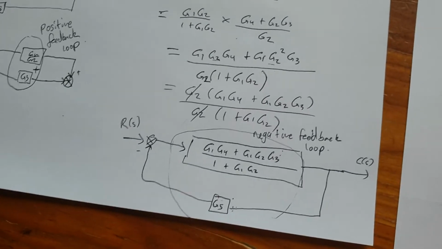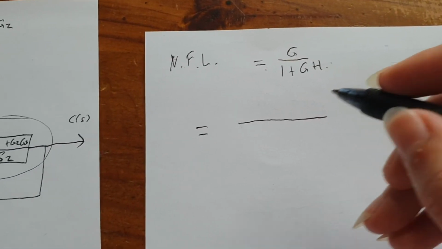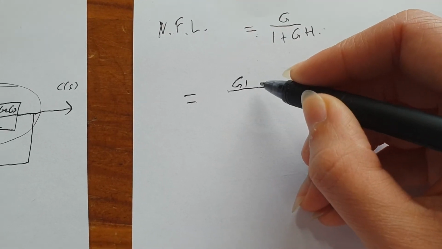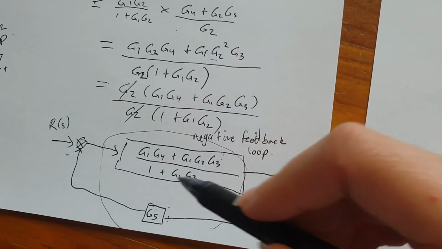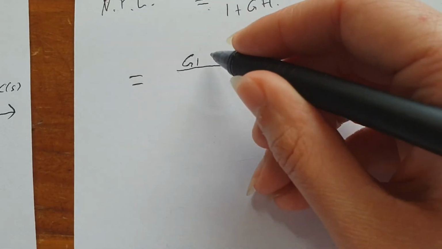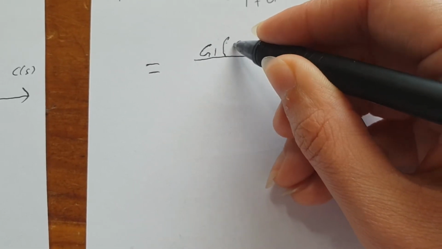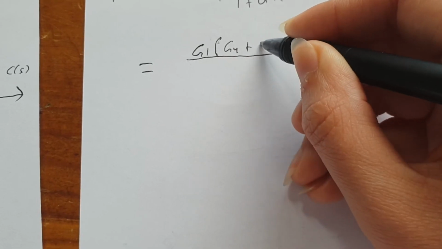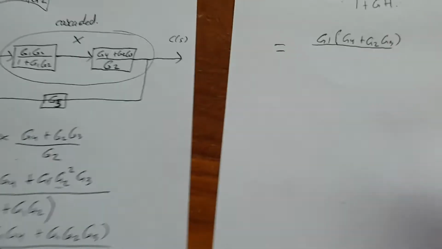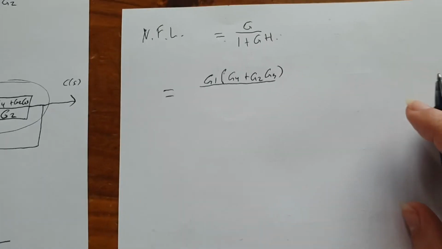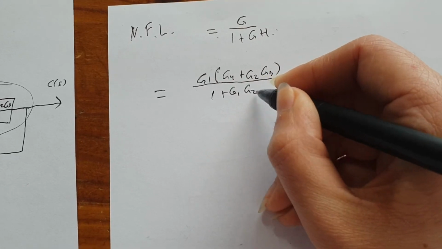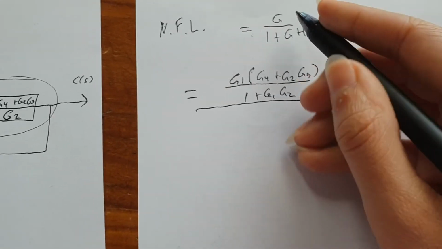So our G is, actually, let's take this G1 out just in case maybe we can cross it off later. G1 times G4 plus G2, G3 over 1 plus G1, G2, and that's just our G term here.